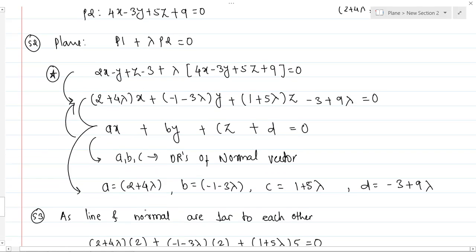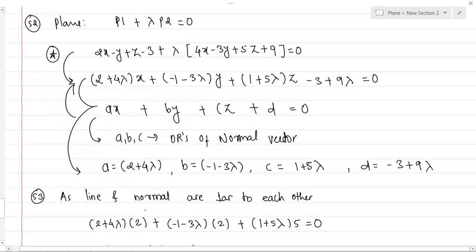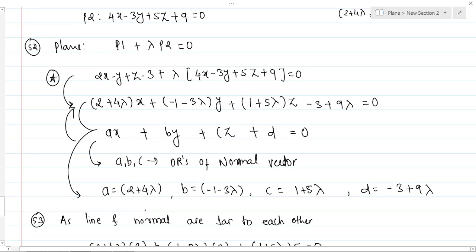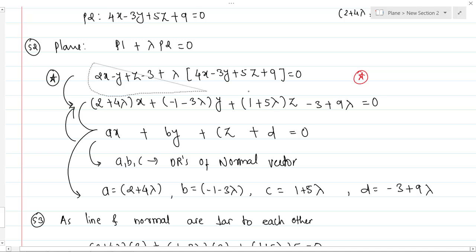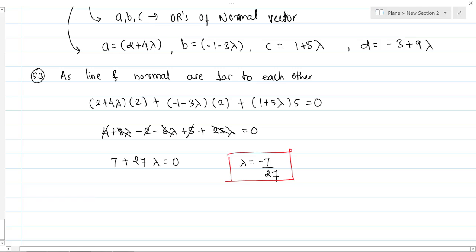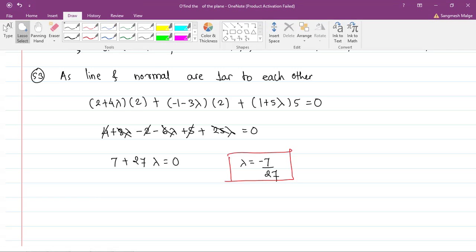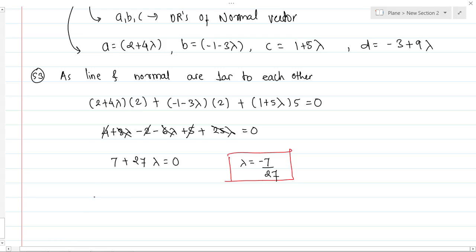So next, what is the step? Just substitute the value of lambda in the given equation. This is our standard equation of the plane. Let me copy it and paste it here.